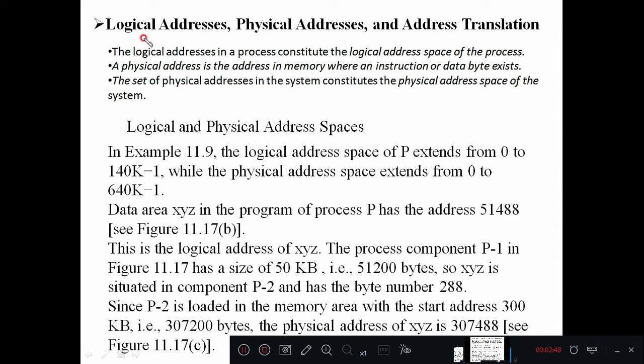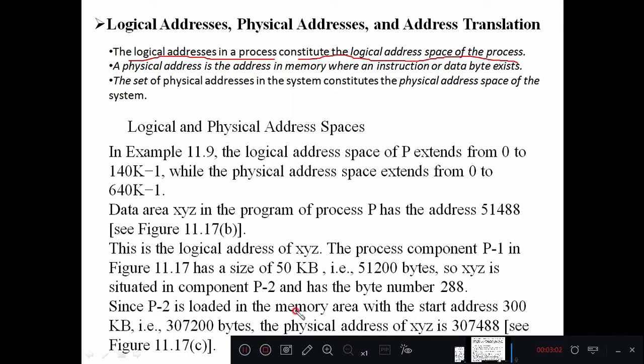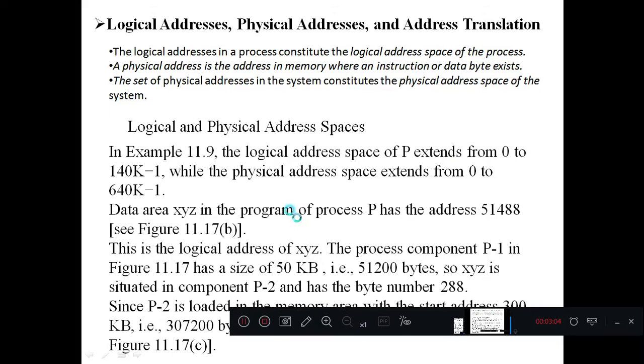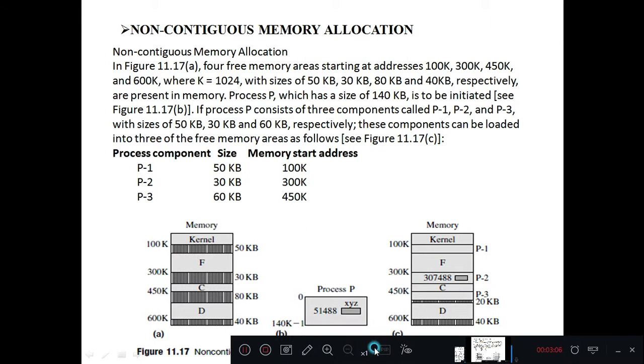So now we will start today's class. The logical addresses in a process constitute the logical address space of the process. Let us go back to the previous slide. Here we have seen there is a process whose address space is ranging from 0 to 140K minus 1.